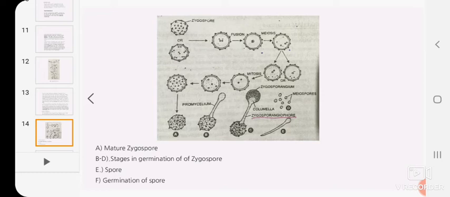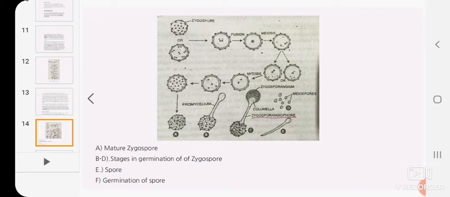So after a period of rest, the diploid nuclei start dividing by meiosis. Sometimes the meiosis takes place before the resting period of the zygospore, and sometimes it takes place after the period of rest. Now, of the nuclei produced after meiosis, if four nuclei are produced, two belong to the positive strain and two belong to the negative strain.